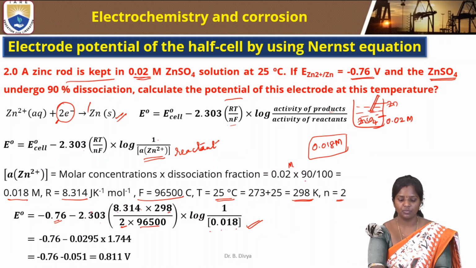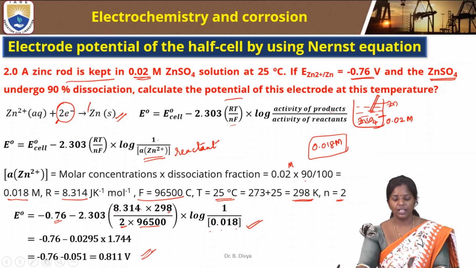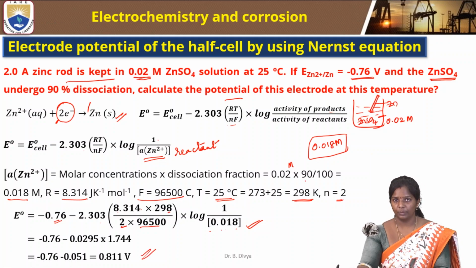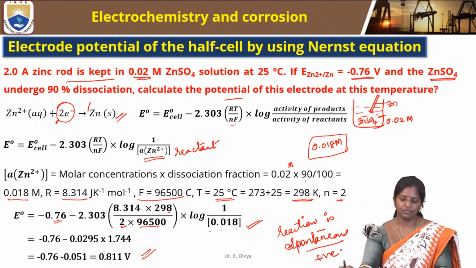This is how we substitute the values, and upon calculation we get plus 0.811 volt. From this we understand that the reaction is spontaneous because the value is positive.